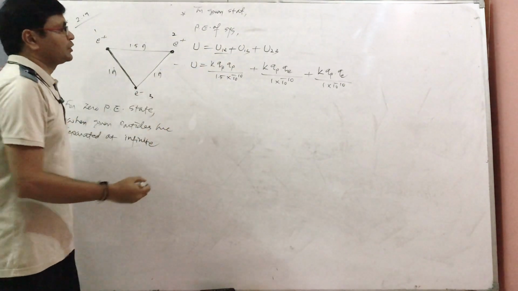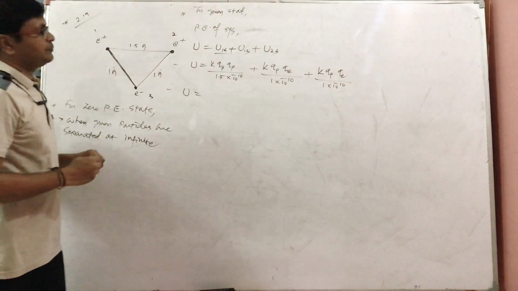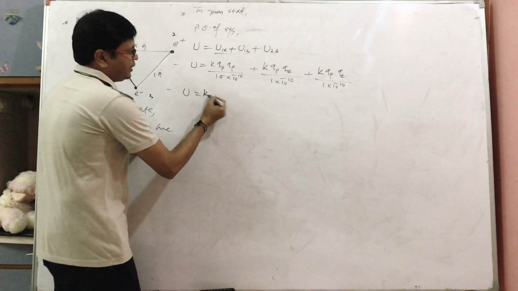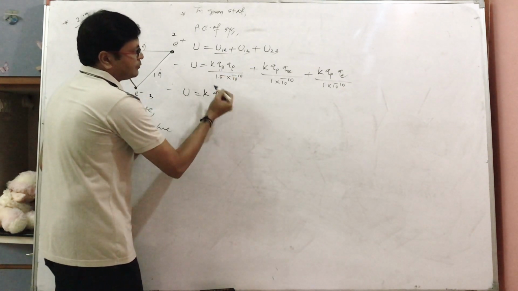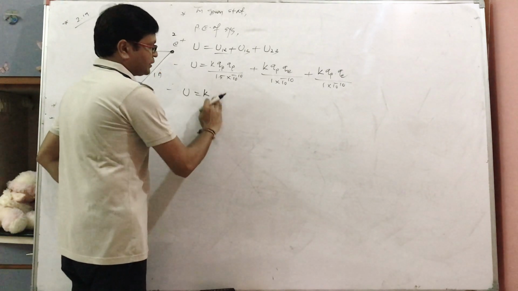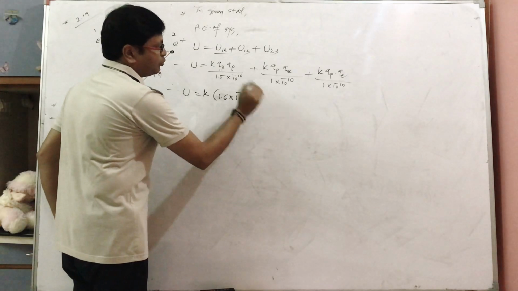It is also 1 angstrom. Check the data very carefully. Here K, charge of proton and charge of electron remain the same, and directly we can set up the value. It is 1.6 into 10 raised to minus 19 the whole square.